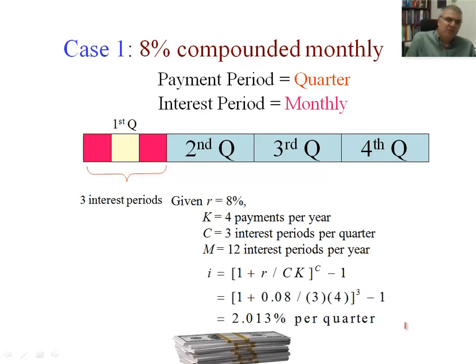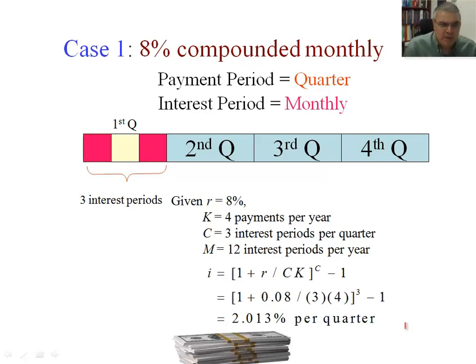So, case 1, 8% compounded monthly. In this case, the payment period is quarterly, but the interest period is monthly. So, as you can see, the payment period and interest period are not the same anymore. In every quarter, there are 3 months.